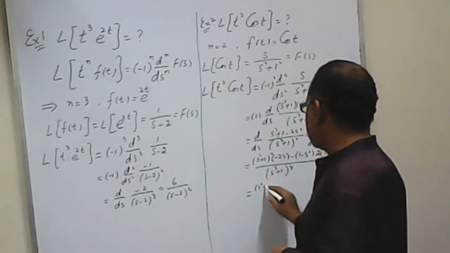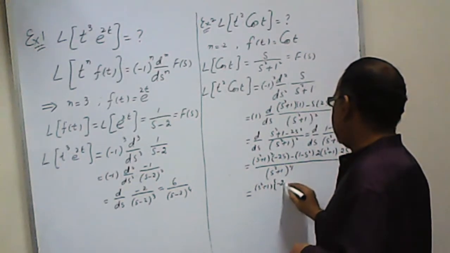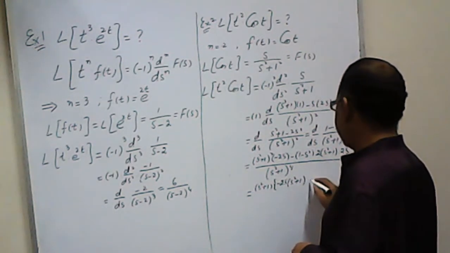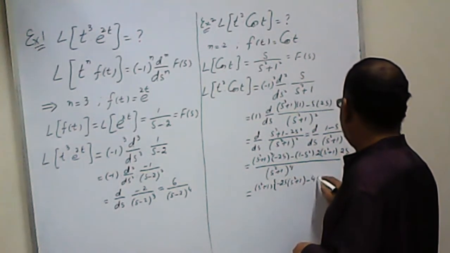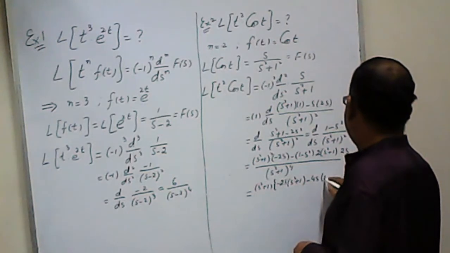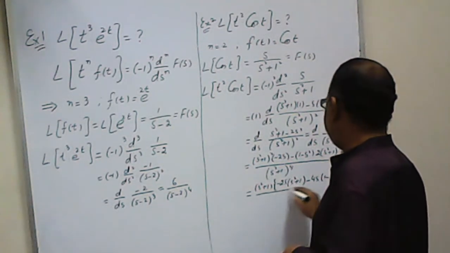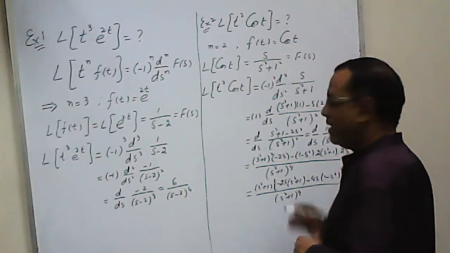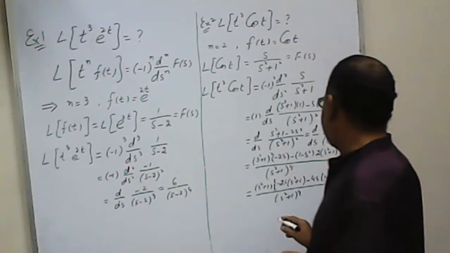So taking s square plus 1 common from the numerator, it will become minus 2s into s square plus 1, then minus 2 into 4s into 1 minus s square, divided by s square plus 1 whole power 4. So now we can easily cancel s square plus 1.